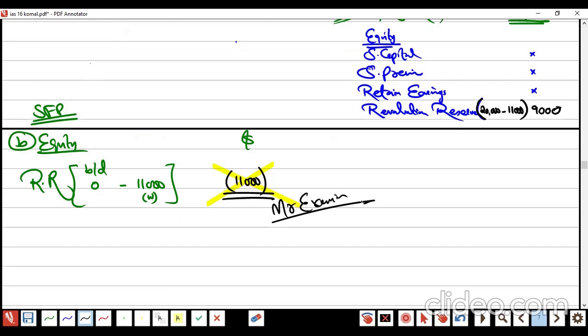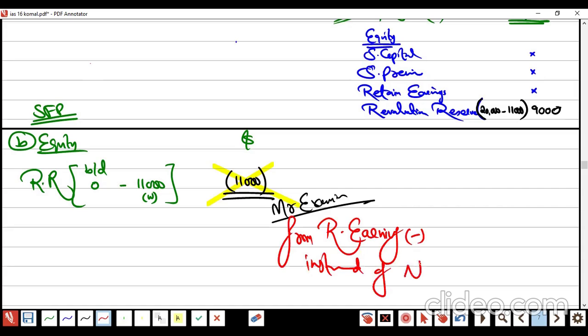So what will we do? The solution is this 11,000 is going to be deducted from retained earnings instead of a negative revaluation reserve. The SFP can never be negative.